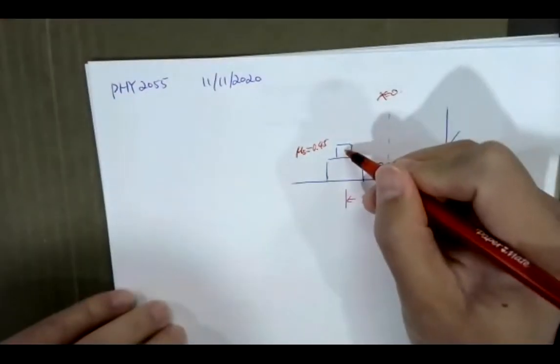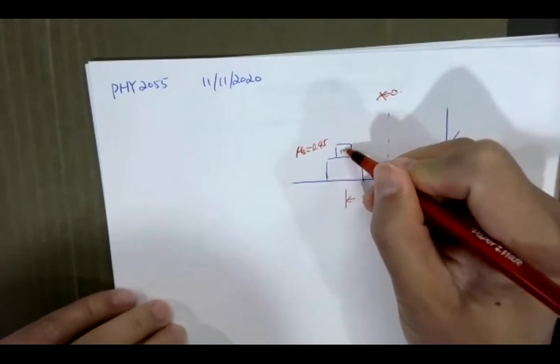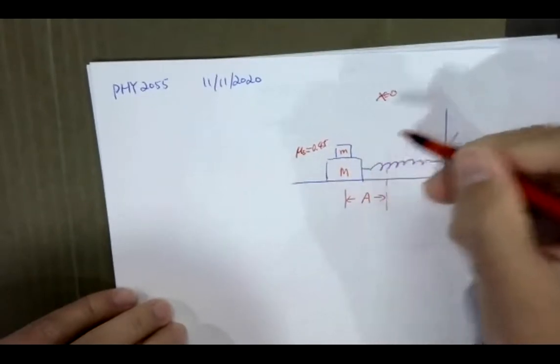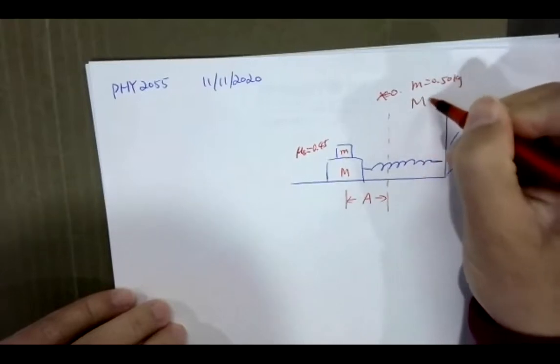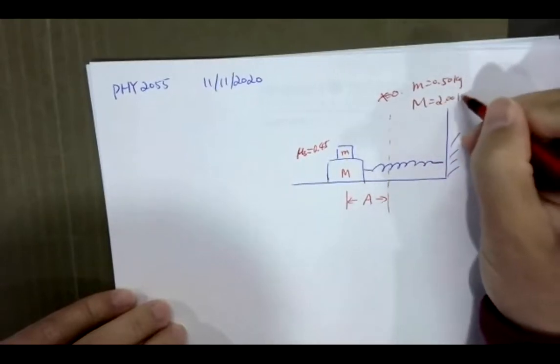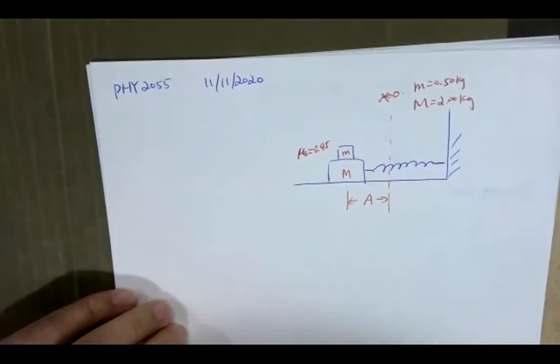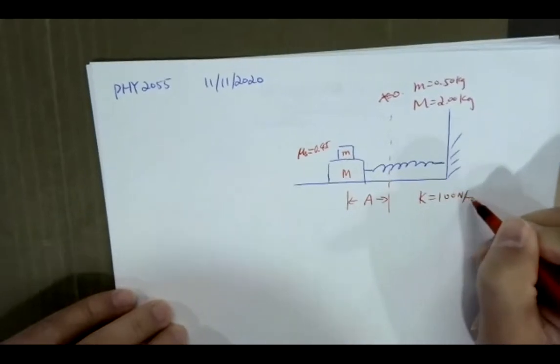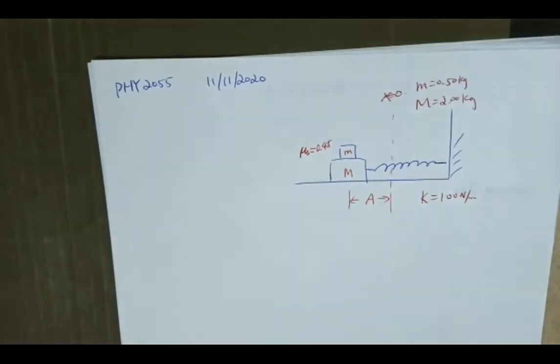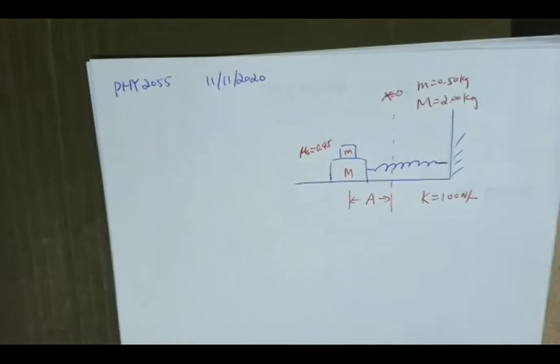small m is on top here, and then this one is bigger M. Okay, so small m is 0.50 kilogram. The larger is 2.00 kilogram. All right, it tells you the spring constant is 100 newtons per meter, and it's asking you what's the period of the oscillation.